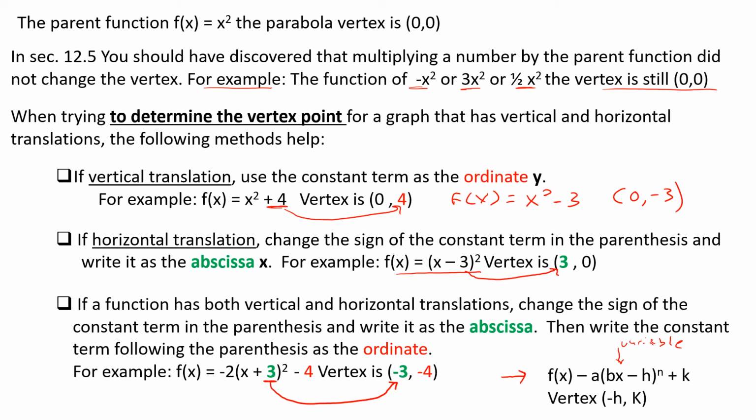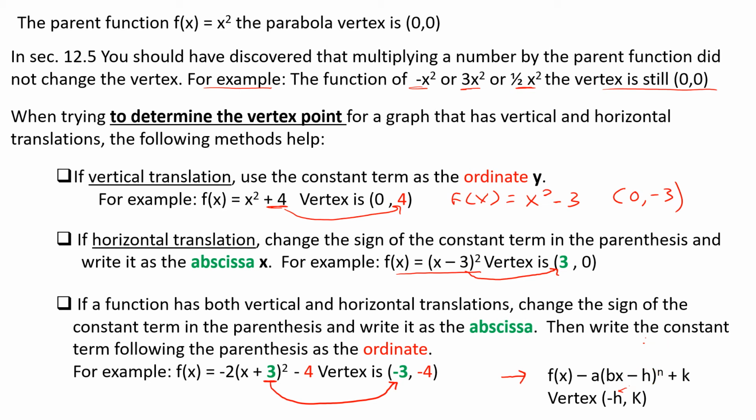So when you have this in any of these forms, just realize that the vertex is going to be the opposite of whatever this is. So if this is a negative h, this becomes a positive h. This is a positive h, it becomes a negative h, whatever that h is, okay? And then the constant is going to stay the same. So it's basically the h, k values that we're looking at here.